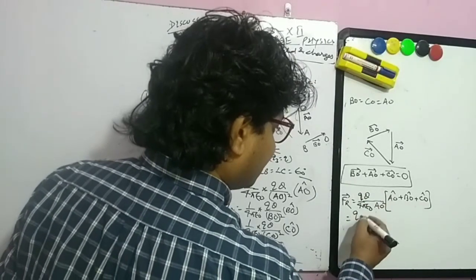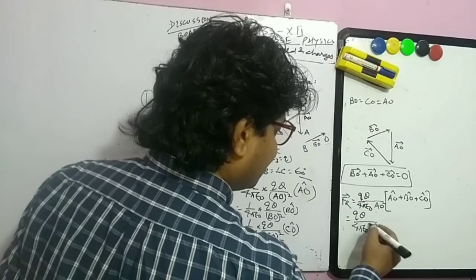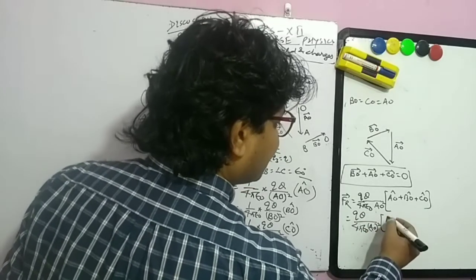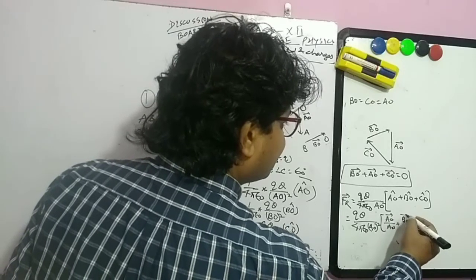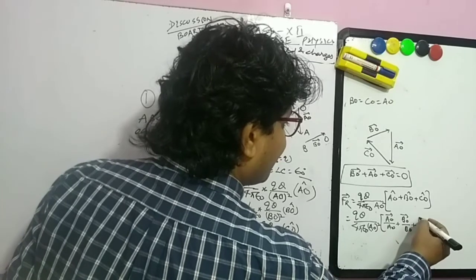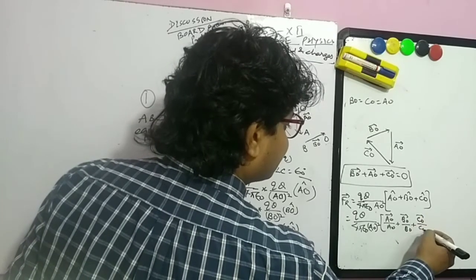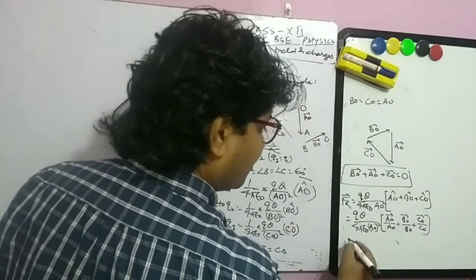Again we can calculate Q upon 4 pi epsilon naught AO whole square, and this we can write as AO vector by AO, and BO vector by BO, and plus CO vector by CO, because unit vector is equal to vector divided by its magnitude. So all are equal.